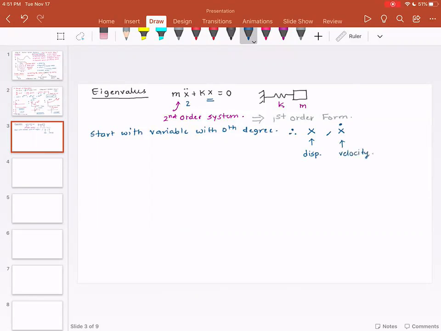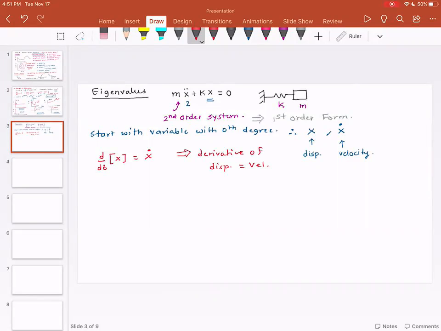Now what I'm going to do is write this equation something like this. The derivative of displacement is velocity. So check this out. d by dt of x is equal to x dot. So what this means is the derivative of displacement is equal to velocity.